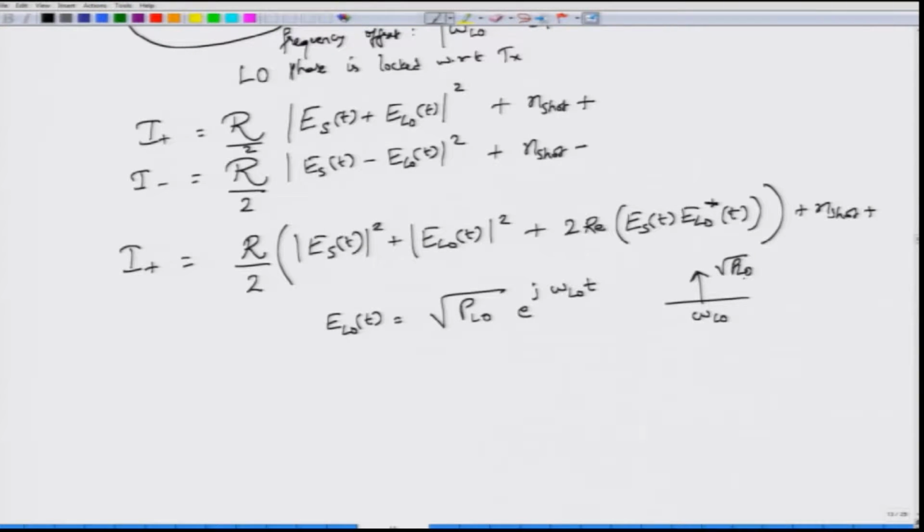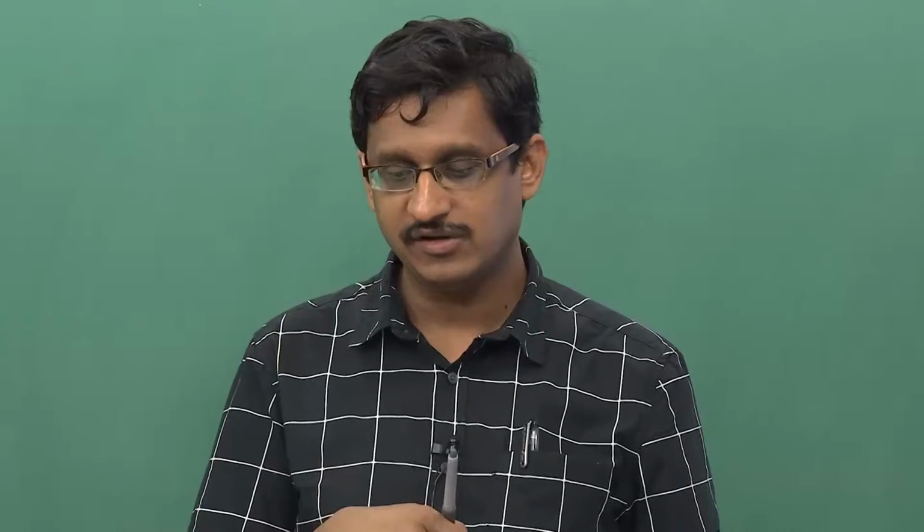Similarly, you have Es of t given as square root of PS, which is the amplitude that you are going to get, and there is also s of t minus nTB summed over n from minus infinity to plus infinity. Clearly, this s of t is the pulse shape that we have used, and we are essentially transmitting one pulse after the other, okay.